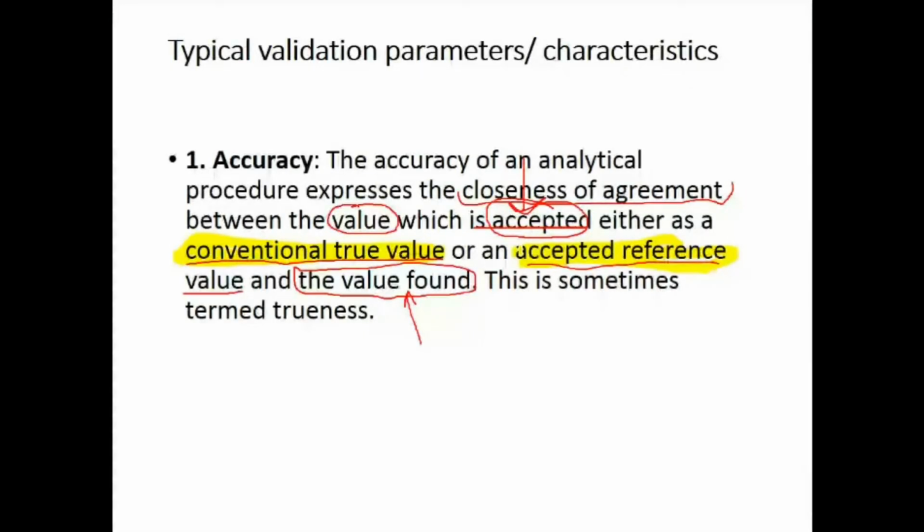This is an accepted reference value. Everybody knows it, nobody will check every time. So if you find out lambda max, suppose you prepared a paracetamol solution, and if it is coming say 256.5, so we will consider it as accurate. Okay, so this is the definition of accuracy. Any doubt in this definition?